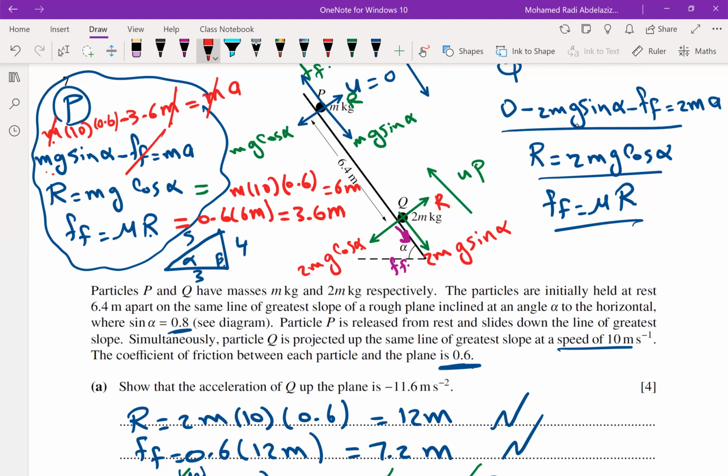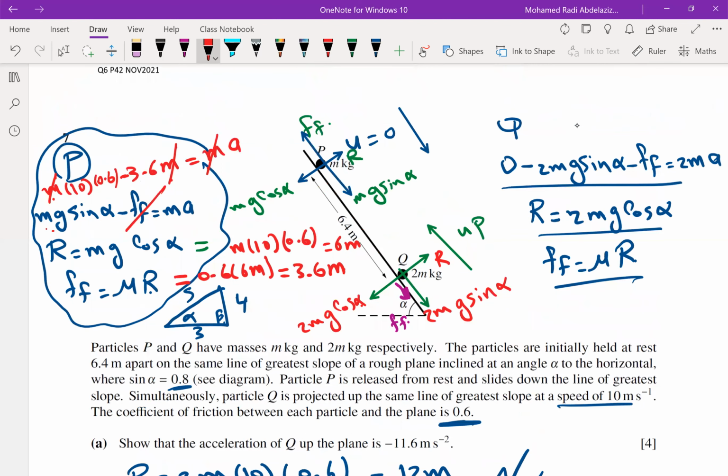Mass is m, g is 10, sine alpha it's 0.8, sorry. So 10 times 0.8 minus 3.6. So the answer is 4.4.